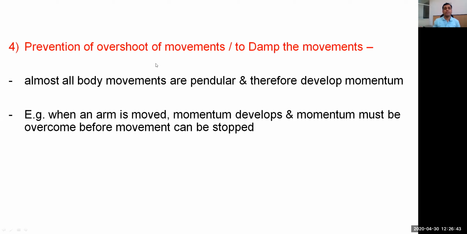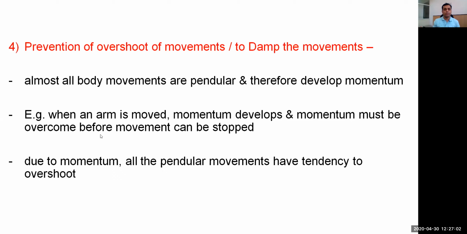Next function is prevention of overshoot of the movements or to damp the movement. Almost all body movements are pendular and therefore they develop momentum when the movement is going on. For example, when the arm is moved while walking, momentum develops and momentum must be overcome before the movement can be stopped.